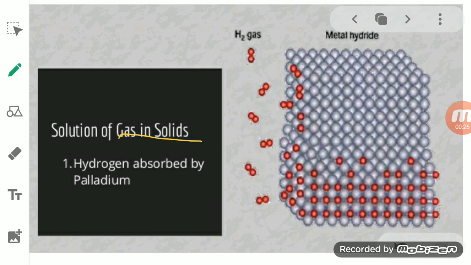You can see here the hydrogen gas is absorbed or present with this metal. The red color is showing the hydrogen particles which are attached to the metal, forming a metal hydride. So this is a solution of a gas in a solid.